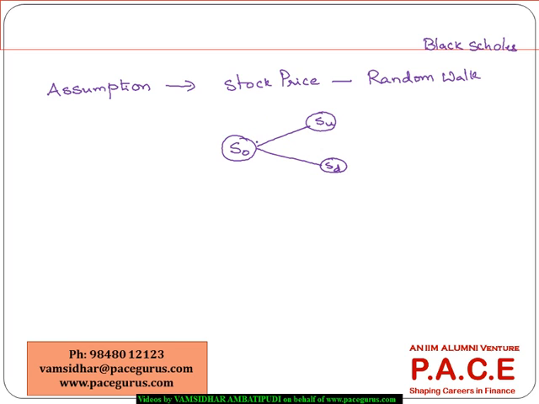That's a major assumption. There is some probability P that it will go up by some percentage, and a probability 1 minus P that it could go down by some percentage. That's one major assumption.